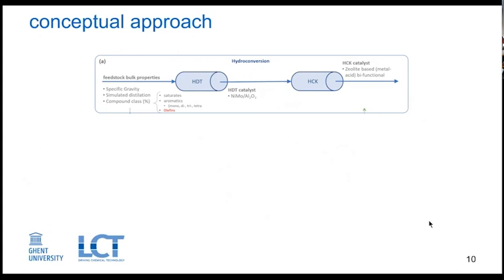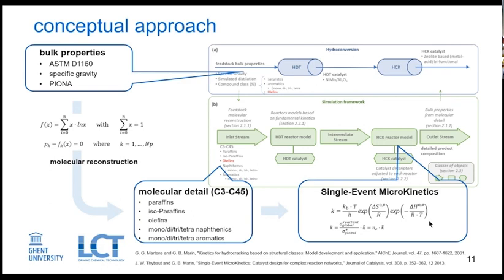Conceptually, this is how Prime was developed. This is normally a hydroconversion process that, as I was explaining, has two stages: first hydrotreating and a second hydrocracking. Prime creates different classes of objects depending on the objects that comprise the flowsheet. For instance, the stream is defined in terms of bulk properties. Then via molecular reconstruction, the detailed composition is determined, which populates the variables in the inlet stream, which is an object.